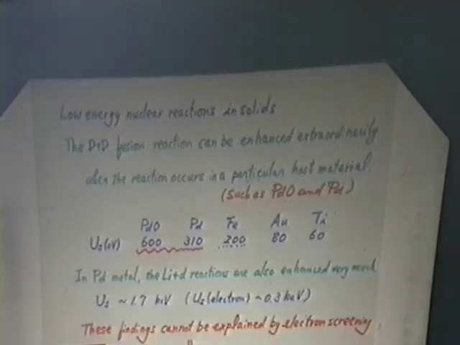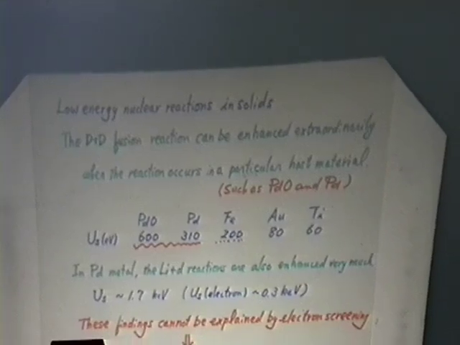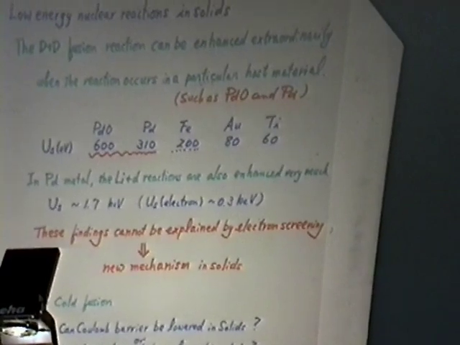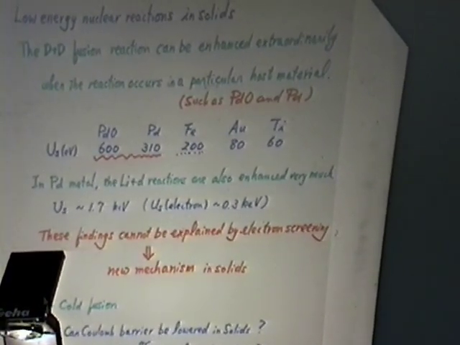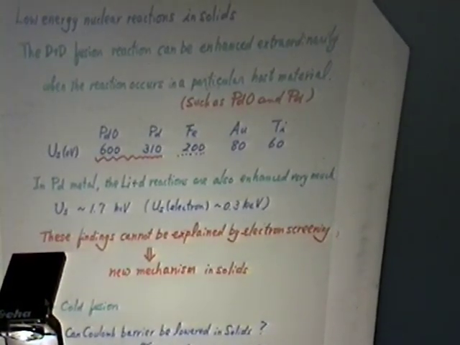Also in palladium metal, the lithium plus D reactions are enhanced very much. And again, the screening energy is something like a factor of 5 larger than the electron value.